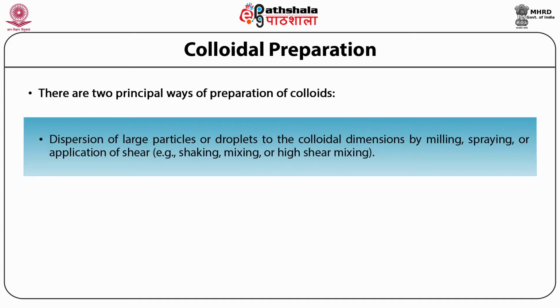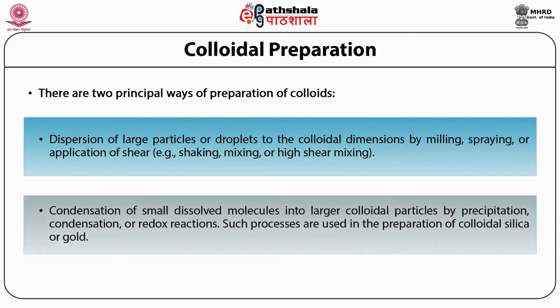The second is condensation of small dispersed or small dissolved molecules into large colloidal particles by precipitation, condensation, or redox reaction. Such processes are used in the preparation of colloidal silica or gold.